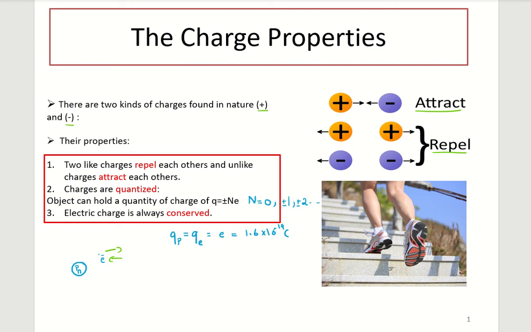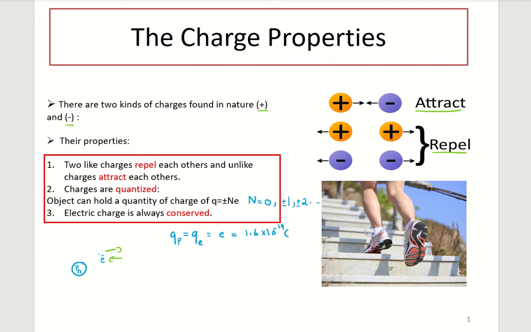Now, the third property of electric charge is that it's always conserved. What does this mean? It means that I can never create a charge out of nowhere, and I can never destroy a charge. The conservation of charge means that charges are never created or destroyed.